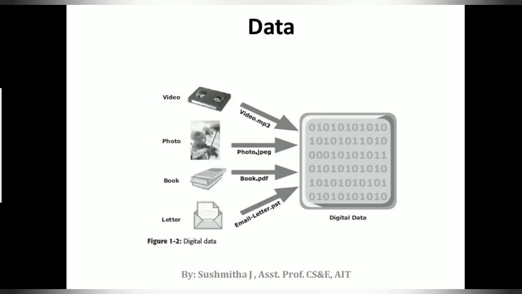A piece of paper, you just write 4 letters, that is also data. But what is digital data? Data which is converted to the form of zeros and ones, and this data could fall into any of these varieties. It could be a document, it could be a photo, or it could be an image.